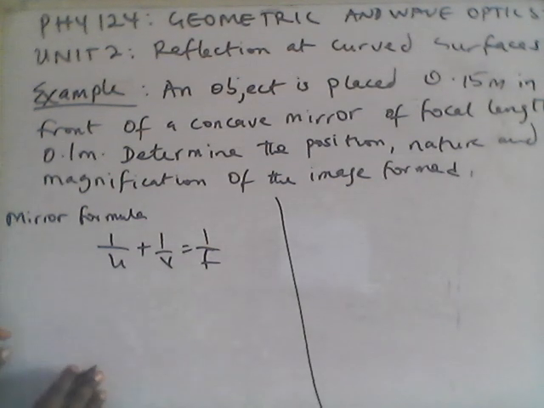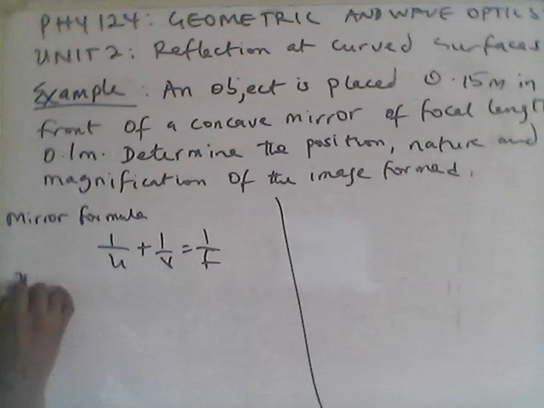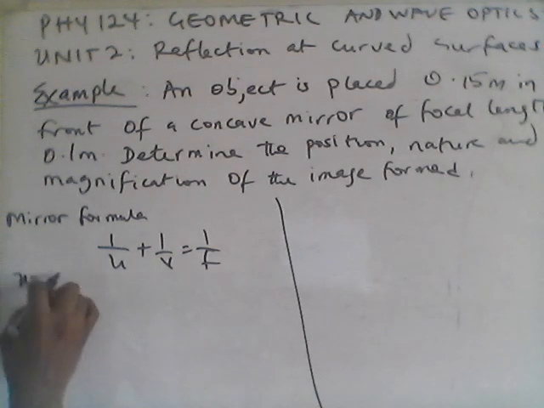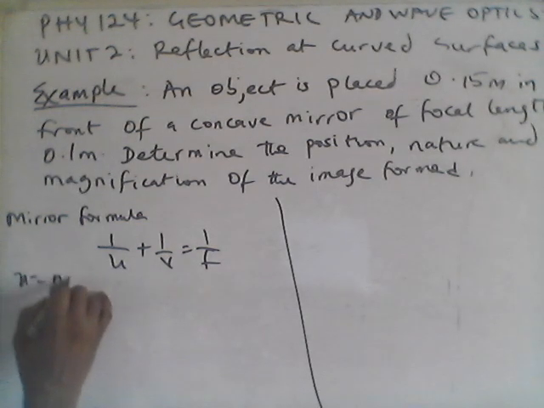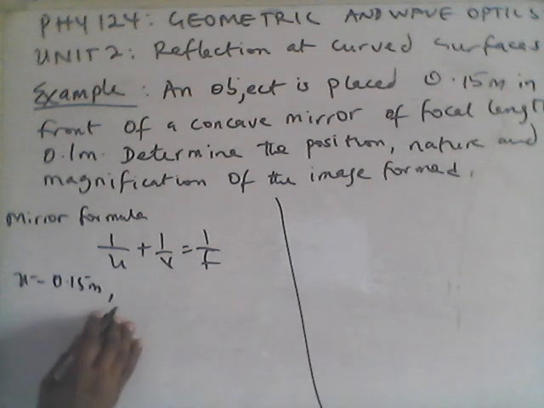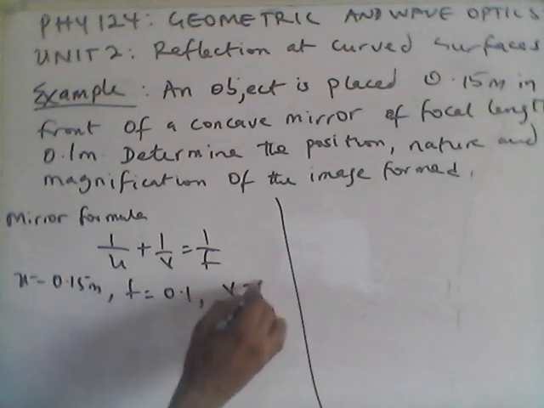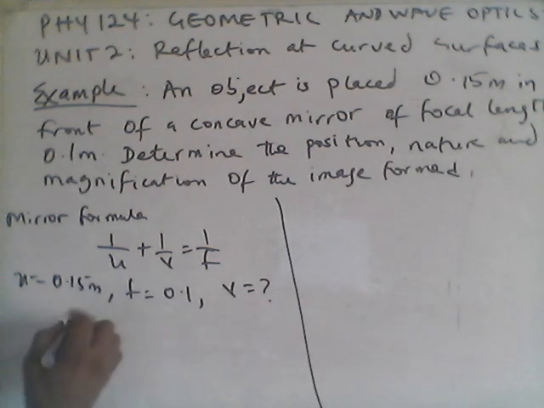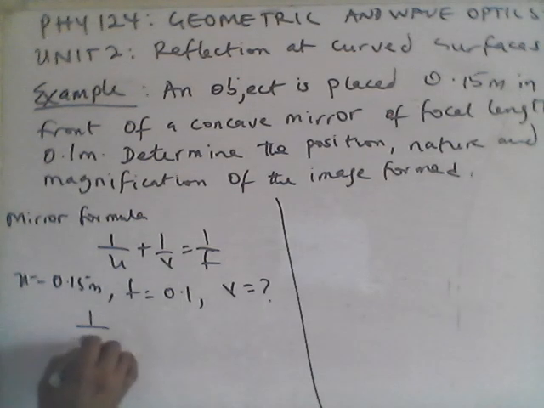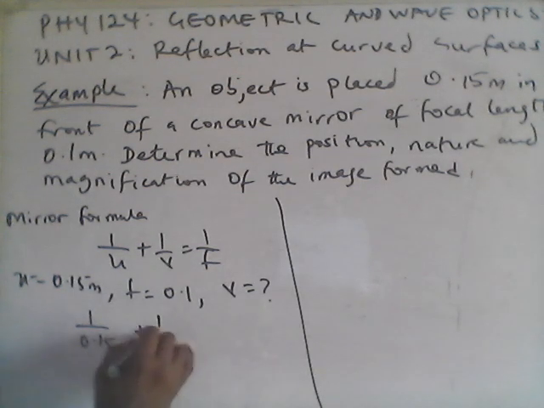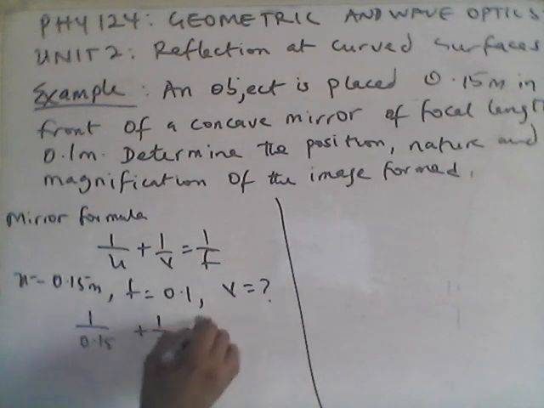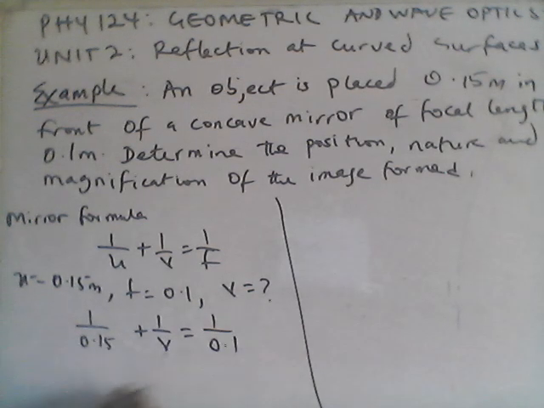So we are given object distance U as 0.15 meters, and focal length F as 0.1, and we are to look for V. So I can put it here: 1 over 0.15 plus 1 over V, which is unknown, is equal to 1 over F, which is 0.1.